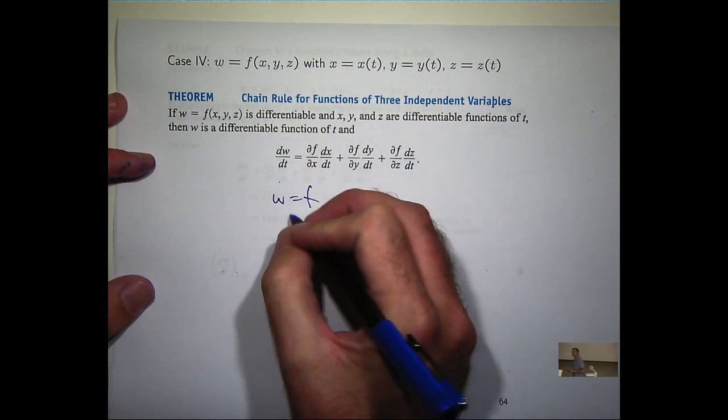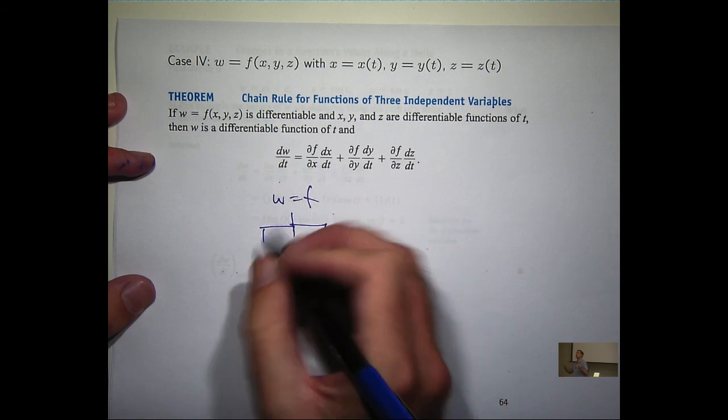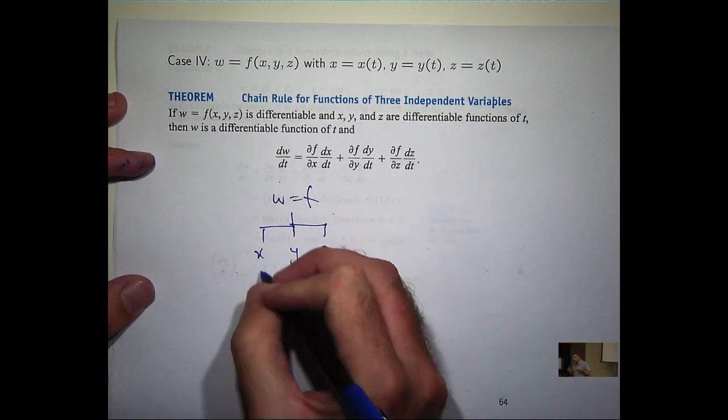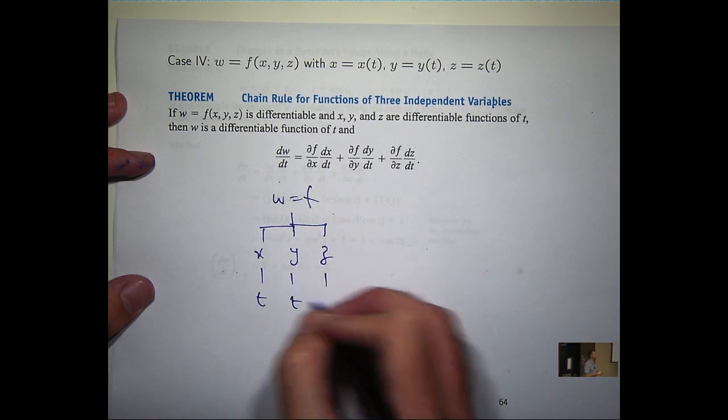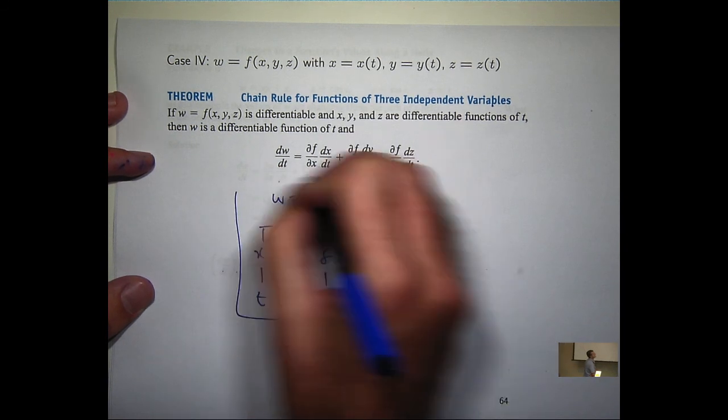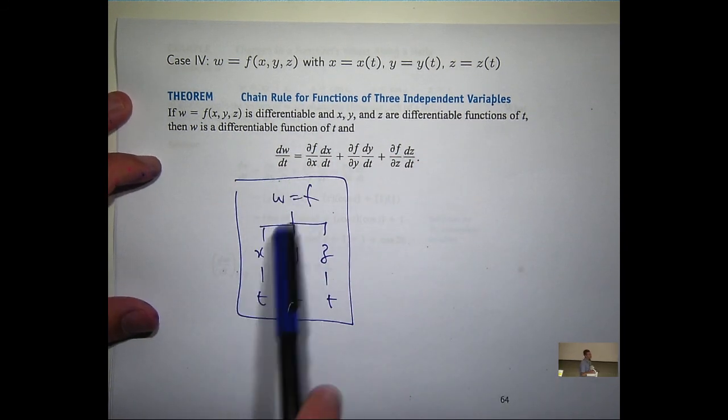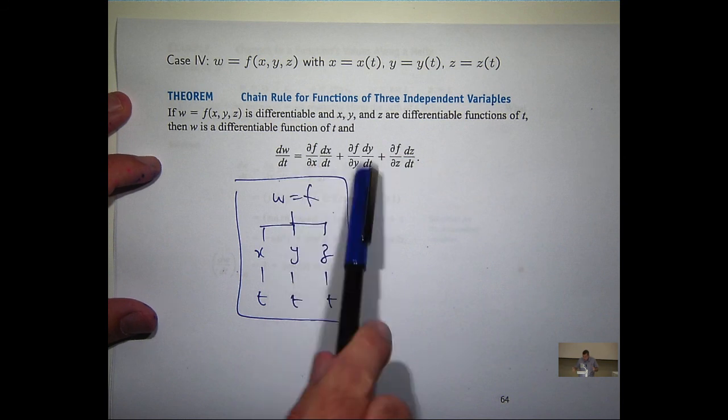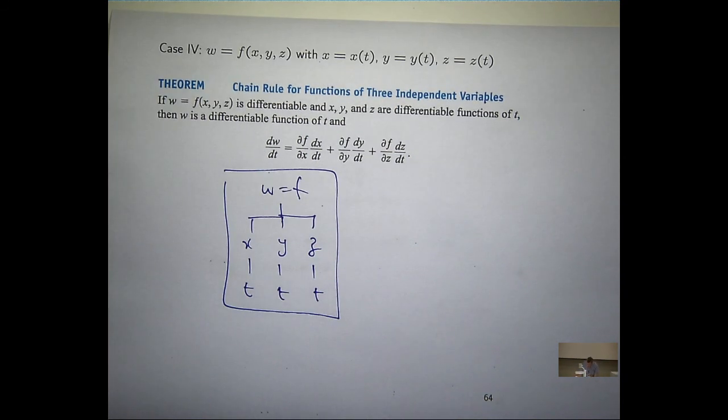It'd be a split of 3. You're going to have 3 parts leading to a t, so that's where each of these 3 terms comes from. Hopefully you're getting the picture now. It doesn't matter how complicated the dependencies are, just draw a simple diagram and work your way from the top to the bottom. Easy.